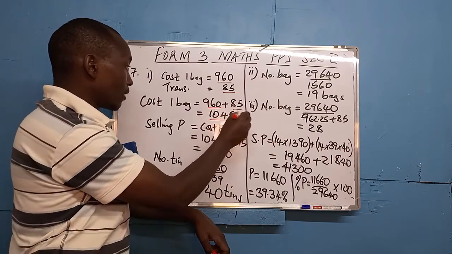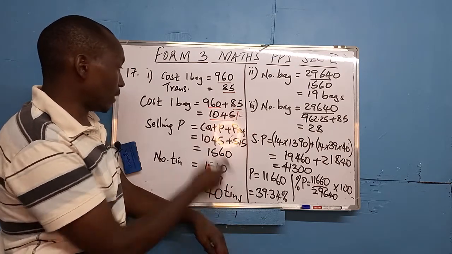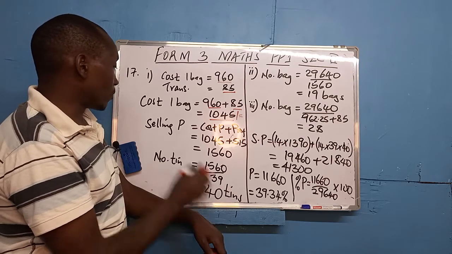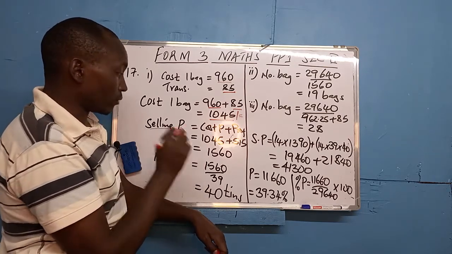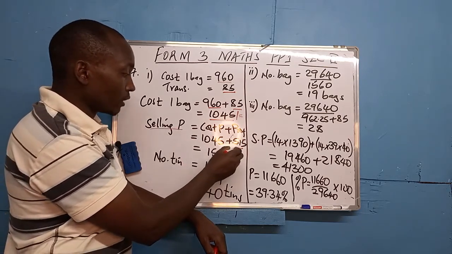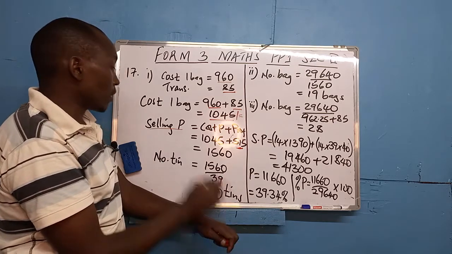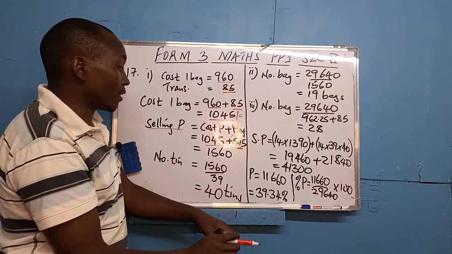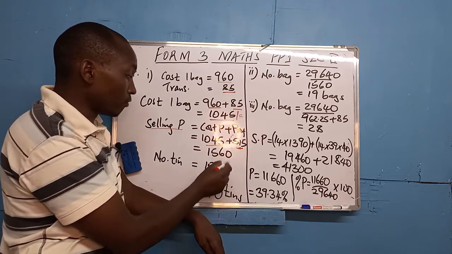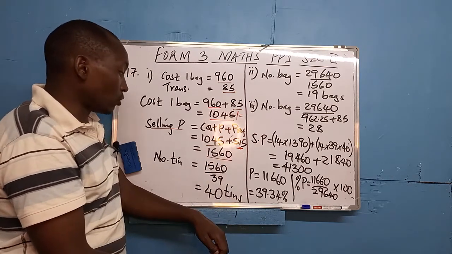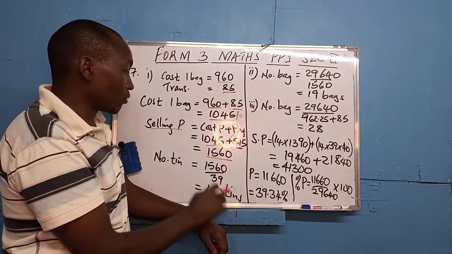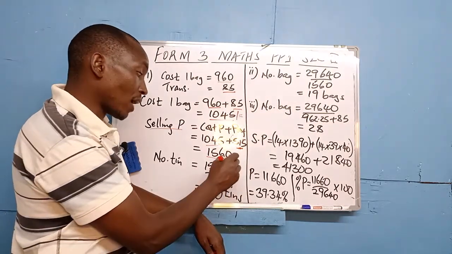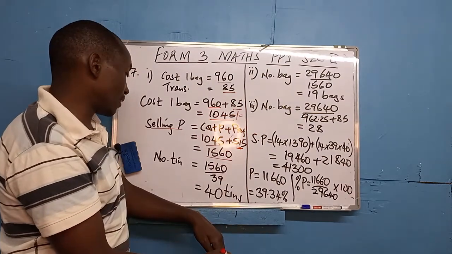You get the amount of money spent is 1045. Now, considering the selling price, because you're given that the profit is 515, the selling price will be the cost of purchasing one bag plus the profit. So in total, this salesperson will get 1,560 when he sells one bag. This is one bag of maize.